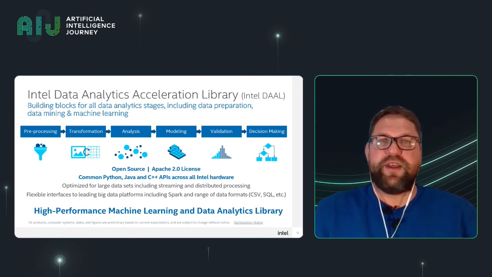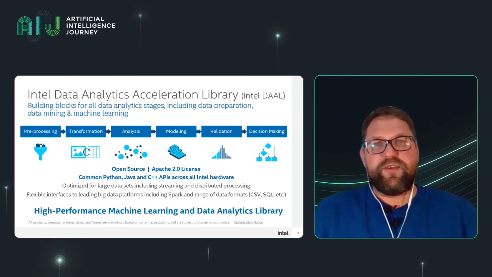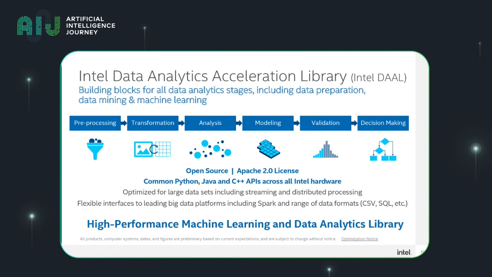For classic data analysis, for classic machine learning, for neural networks, we have a very good library which is called Data Analytics Acceleration Library. It is also open source under the Apache license with APIs for Python, Java, and C++, which offers functions for processing and transformation of data, analysis, modeling, validation, and decision-making.